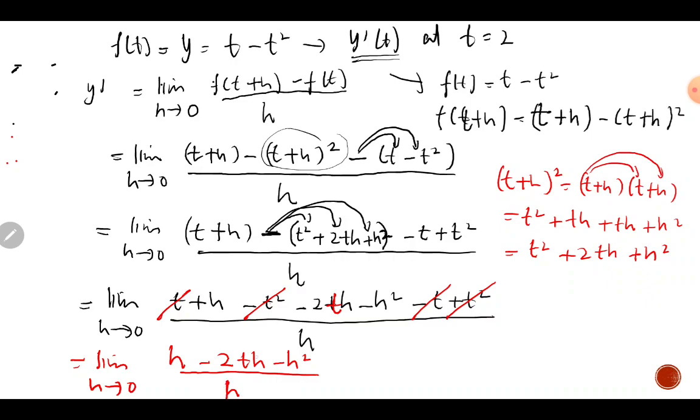Dan kita nampak tak, kat bawah dan kat atas dua-dua ada h. So we may factor out h out yang ke atas ni. So we have h, kita faktorkan h keluar. So kita akan dapat kat dalam ni 1 lah, sebab h darab dengan 1 dapat balik h macam ni.